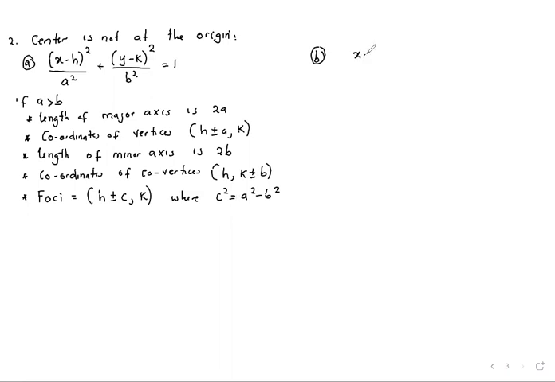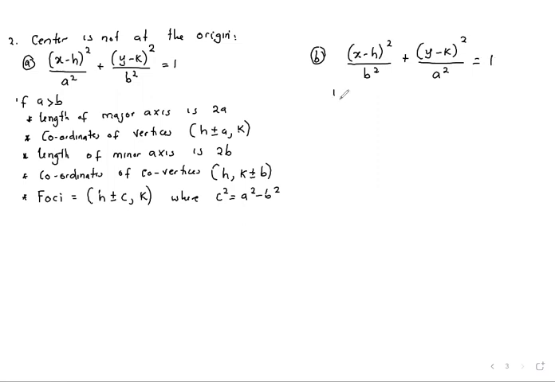Then for B, if we have x minus h squared over b squared plus y minus k squared over a squared is equal to 1.